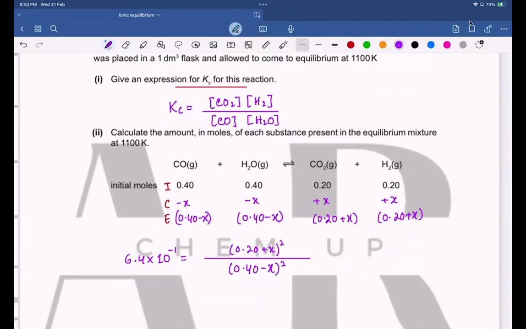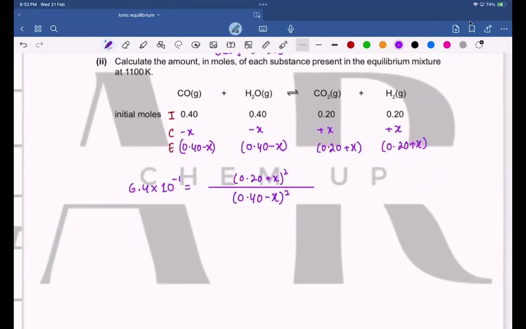Yes, sir. Now, what I am going to do next, I am going to take the square root on both sides.